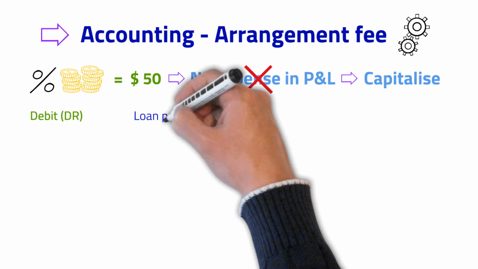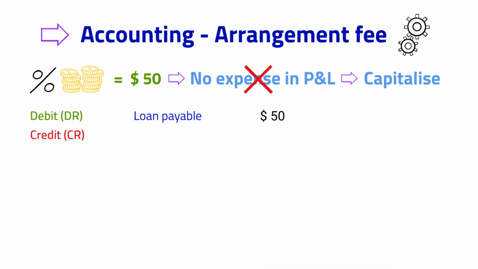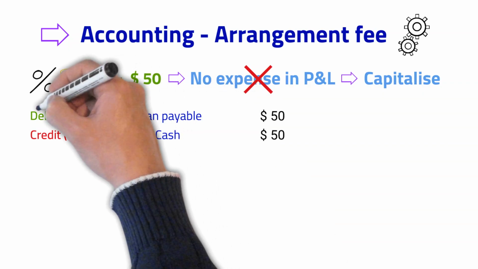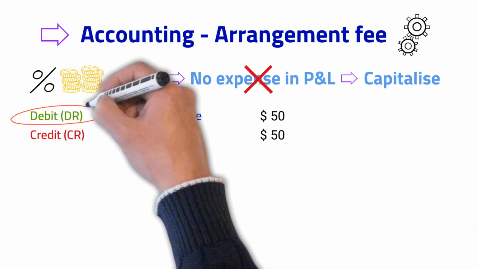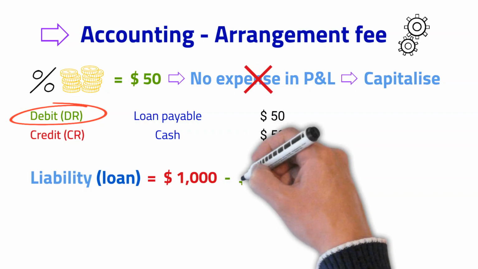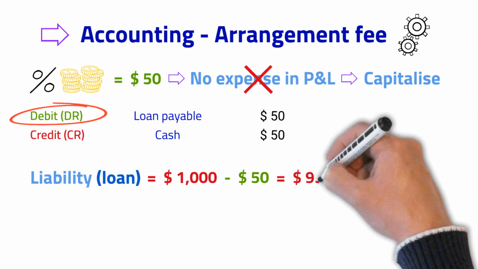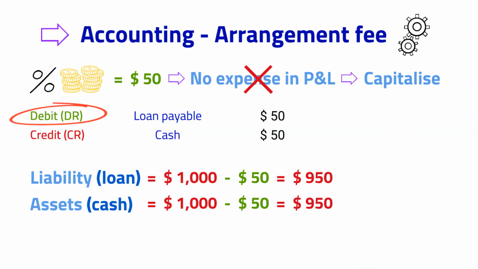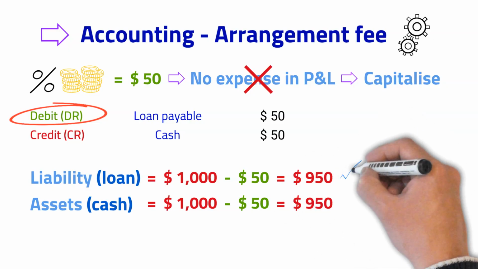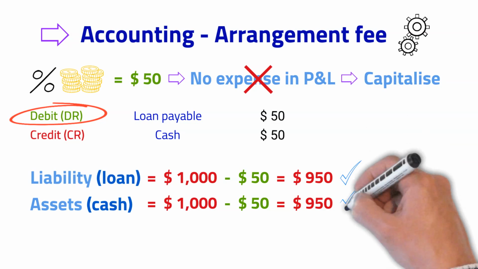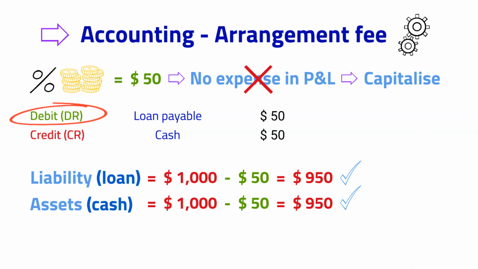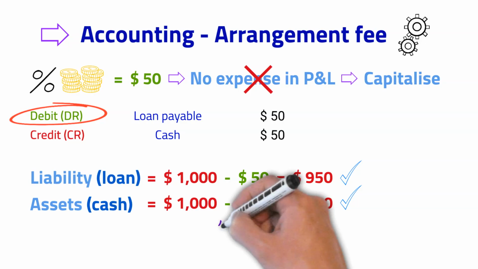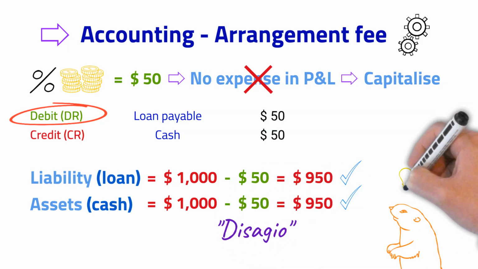Debit loan payable 50, credit cash 50. This debit to loan will reduce our liability on the balance sheet to $950. And as we have paid 50 in cash, our cash will also reduce by 50 to $950. So we still have a balance in the balance sheet, $950 in cash and $950 in liabilities. You will sometimes see this decrease in the liabilities called disagio.